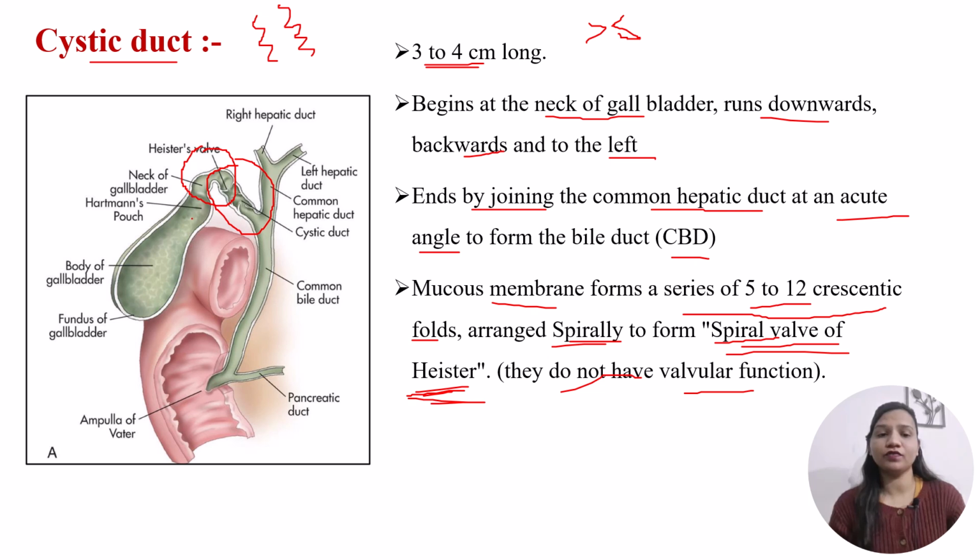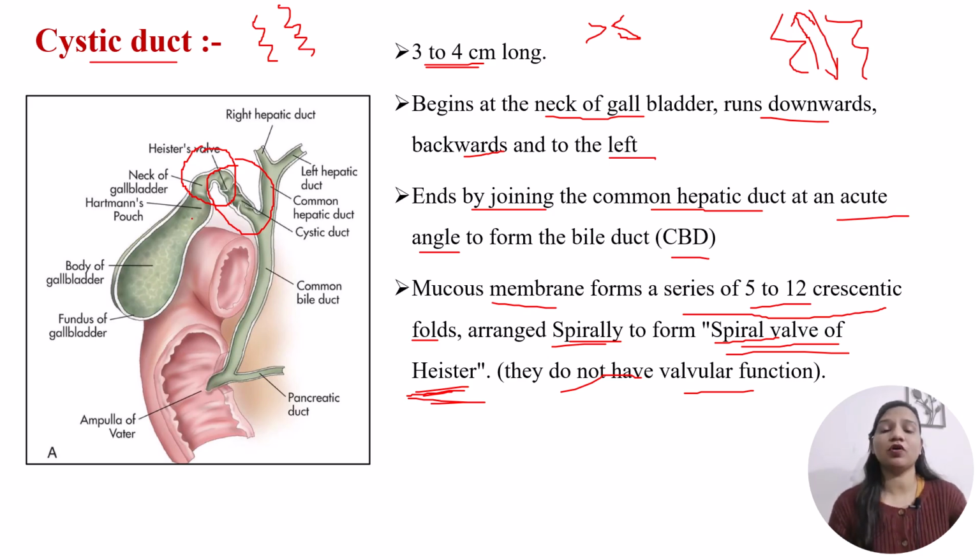What the spiral valve of Heister does is regulate the inflow and outflow of the bile, and it also prevents the backflow of the bile.